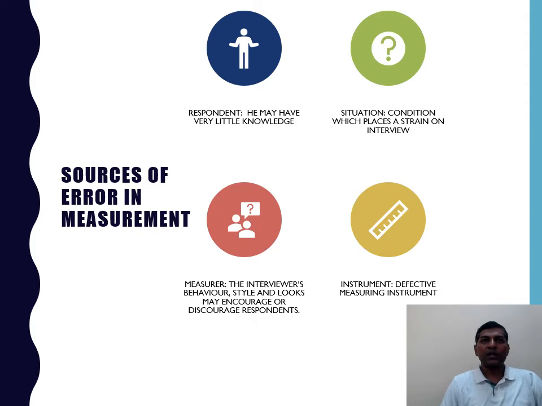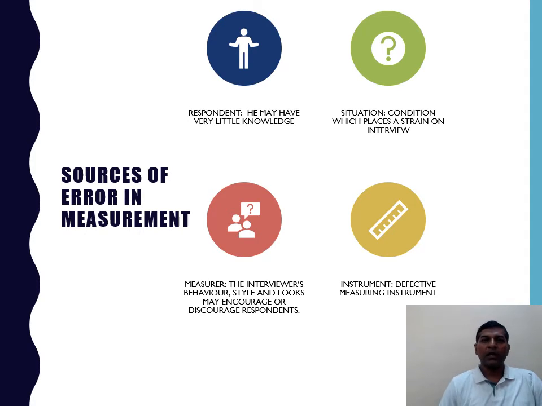Second, situations and conditions which place a strain on the interview. When we go to a person, or to a place, from where we are going to get information, if the conditions are not as per expectation, then an error may be generated.